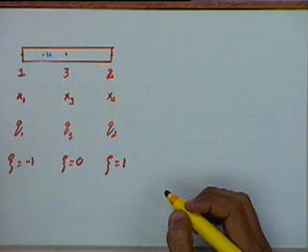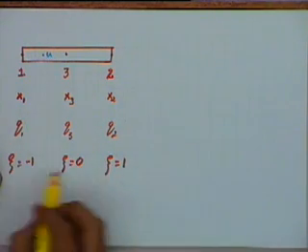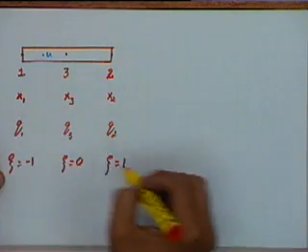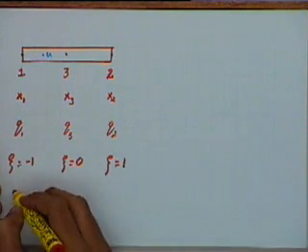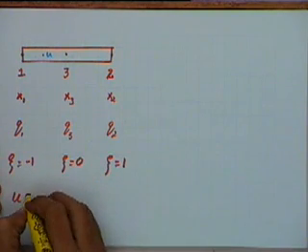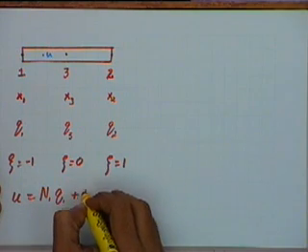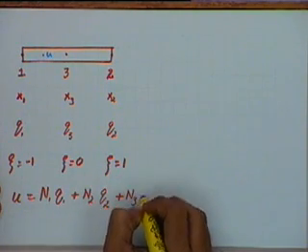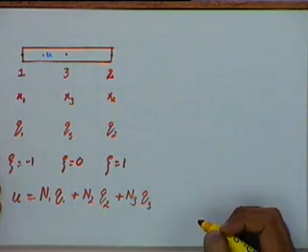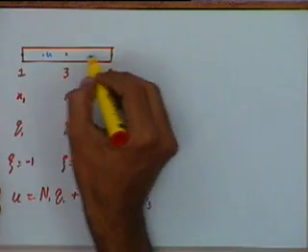Again we will define Lagrange polynomial, something similar to that. We will define u to be equal to n1 q1 plus n2 q2 plus n3 q3, where n1, n2 and n3 are the shape functions associated with the 3 points 1, 2 and 3.